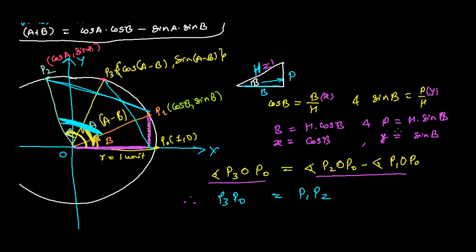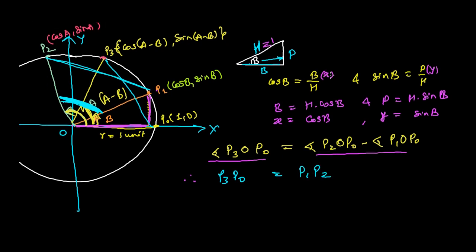So now we can use the distance formula to put the values. The length of the P3 P0 chord will be the square root of x2 minus x1 whole square plus y2 minus y1 whole square, the distance formula that we had learned.